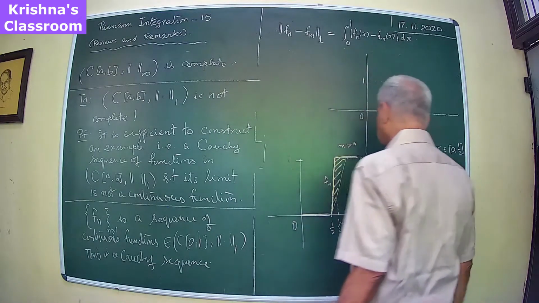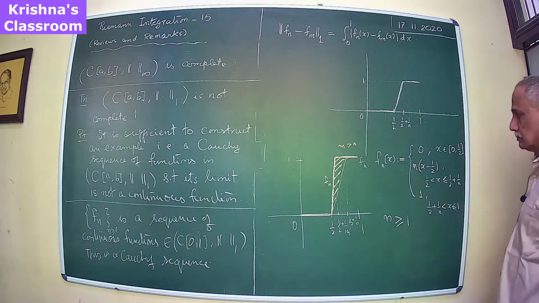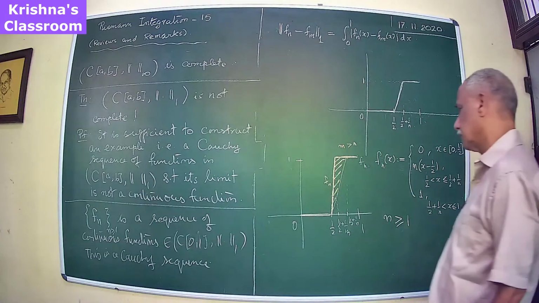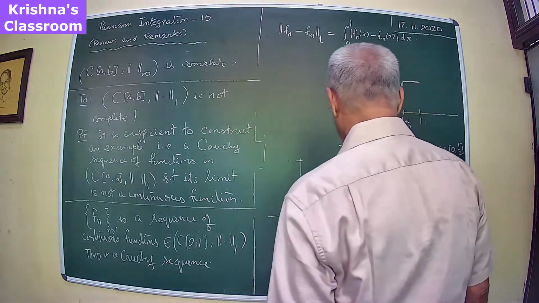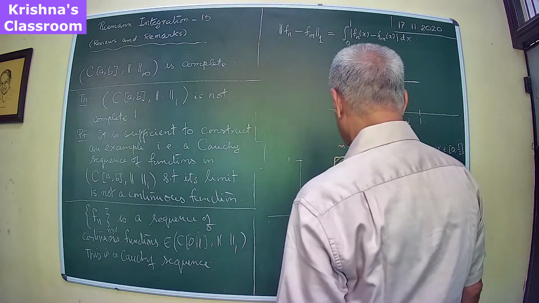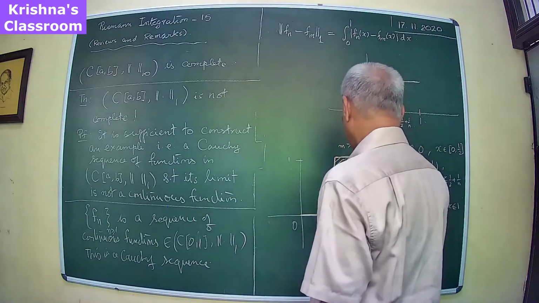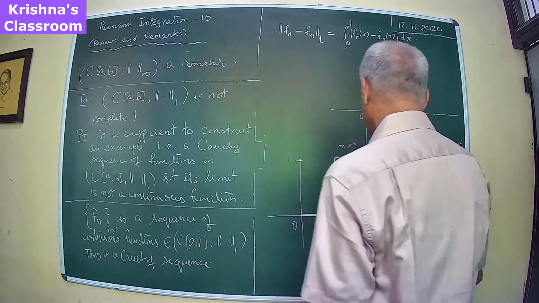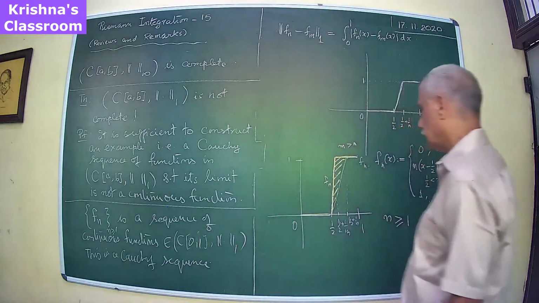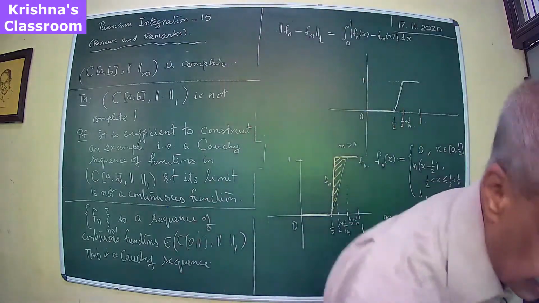This is the area. Okay. This is your f_m(x) and this is your f_n. Okay. So sorry, I think I have to mark it.